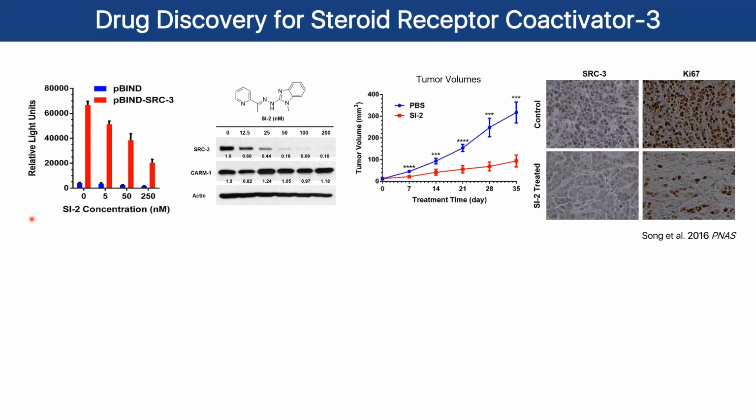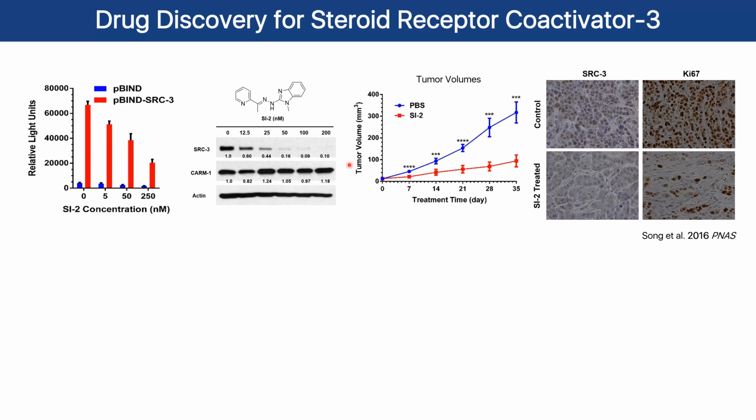We also tested this ISI-2, it can inhibit the SRC3-involved transcription. This is the P-bind transcription assay. Interestingly, we can induce SRC3 protein degradation. It's kind of like a molecular glue, probably. When we started doing this, the molecular glue concept wasn't that popular yet.